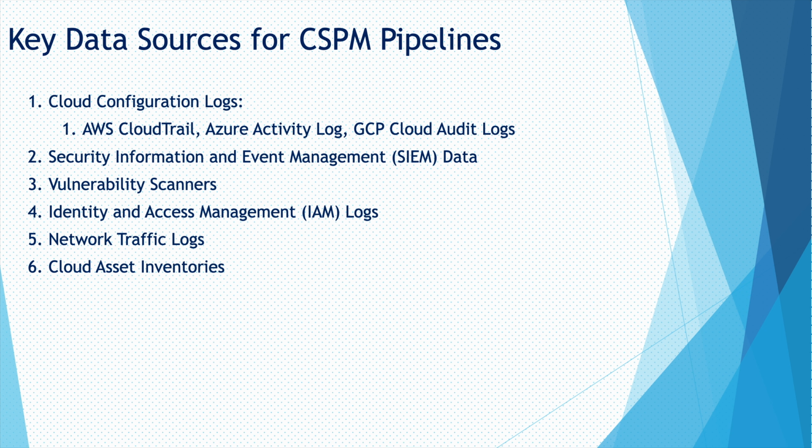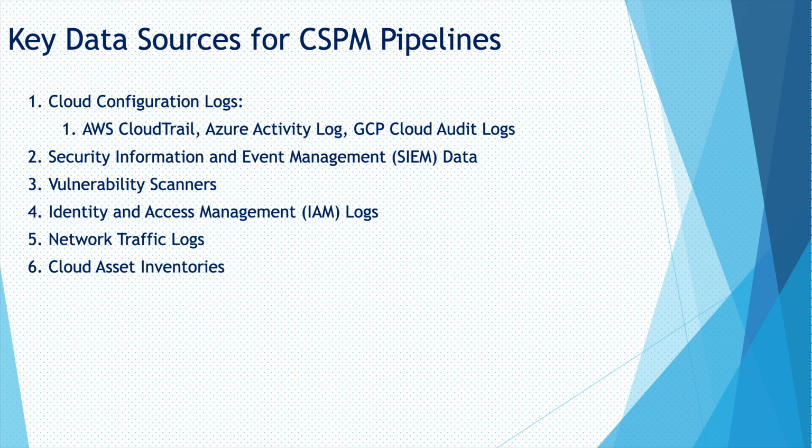Security information and event management data, vulnerability scanners, IAM logs. IAM logs are again a very important security related data. IAM provides you identity and access management. That means who is accessing the system, what permissions they have, what user group they have, what user they have, what service account they have.